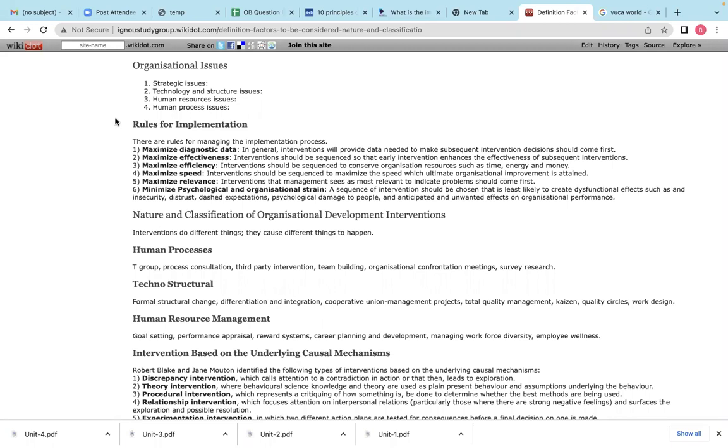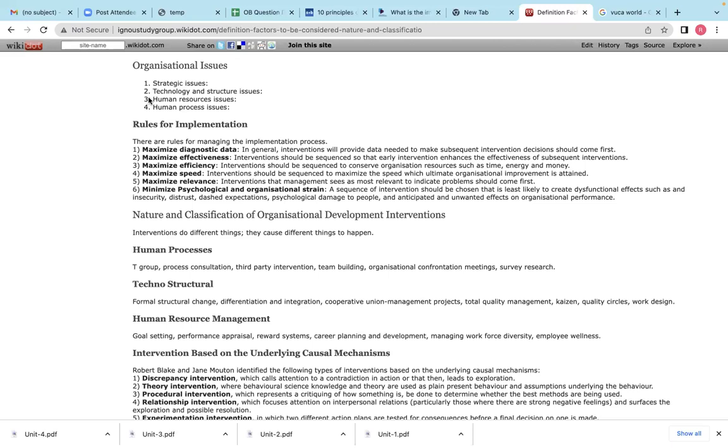Okay, so there is a very small difference between human resource issues and human process issues. Human resource issues are mainly about the issues related to the particular human. It could be skills, so how exactly skill would be affecting, that is a human resource issue.